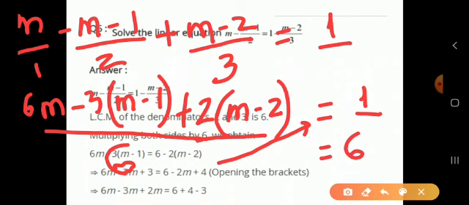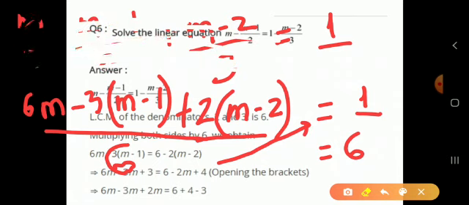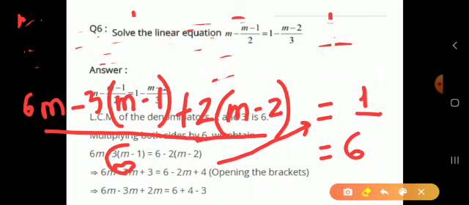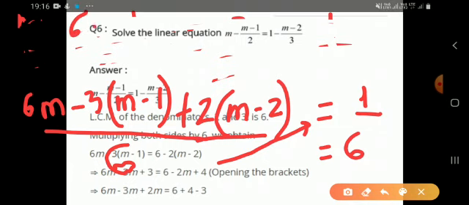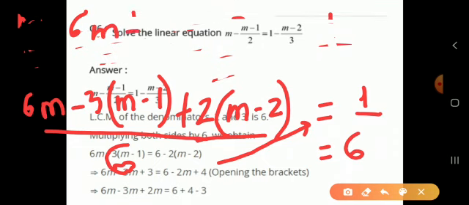Now, solving this entire term, we have to open up the brackets. So opening up the bracket, 6m as it is we will write, and here we have to use the distributive property for 3 into (m minus 1). 6m as it is, minus 3 multiplied with m becomes minus 3m, and after that 3 will be multiplied with minus 1.